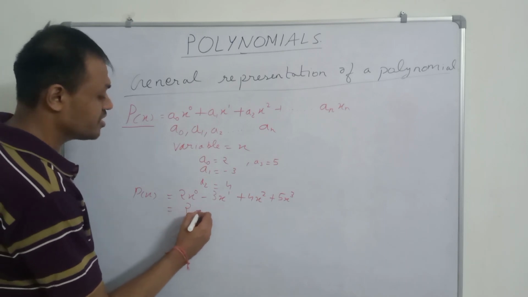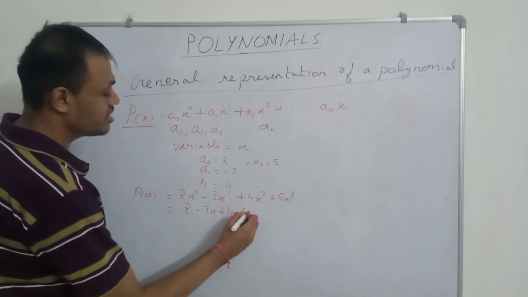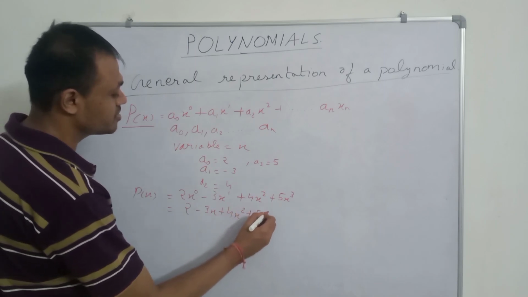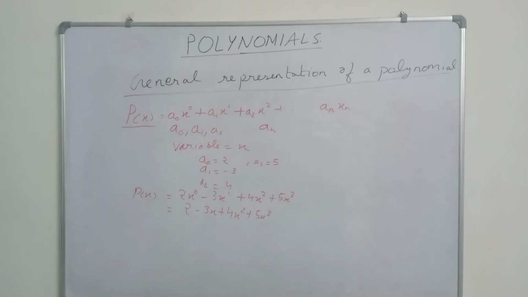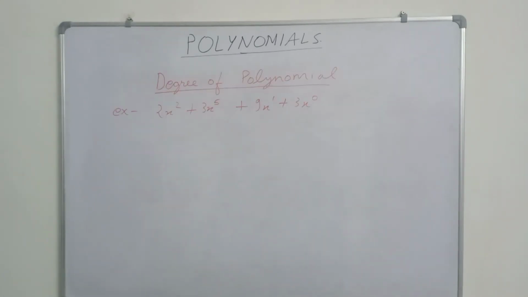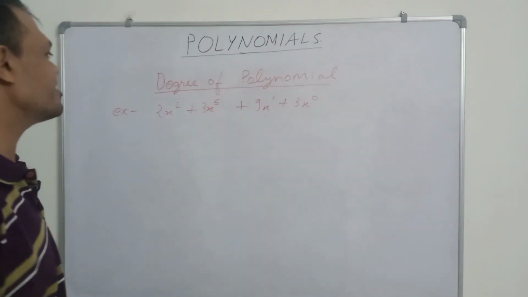So this is 2 minus 3x plus 4x square plus 5x cube. So this is our polynomial. Similarly we can have a polynomial in y. We just need to replace x by y.